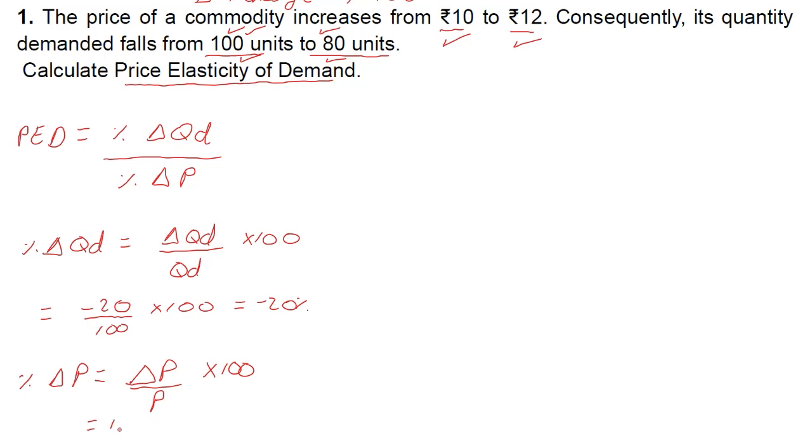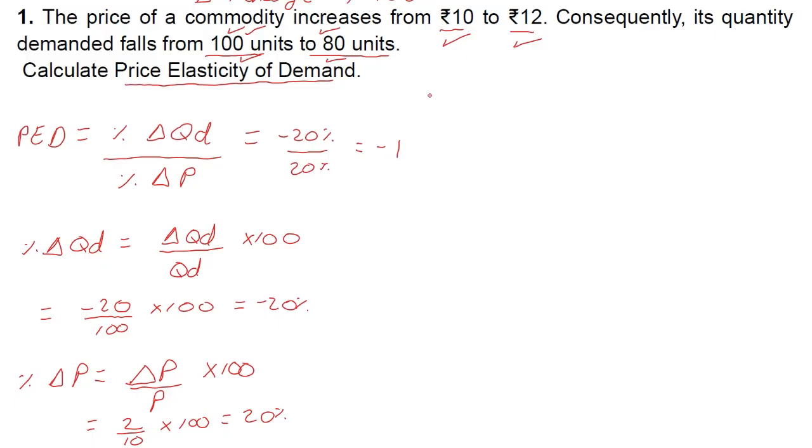So I'm just going to write 2 upon 10 into 100. Okay, and this will give me 20%. This time it's a positive number. And now I can substitute over here and I can say the percentage change in quantity demanded is minus 20%, the percentage change in price is 20%, and therefore my answer is minus 1.